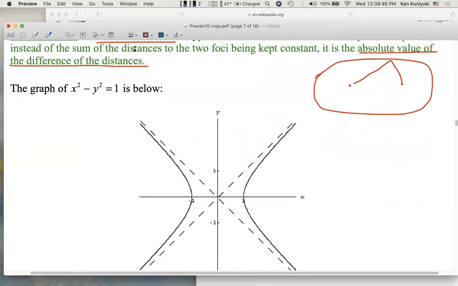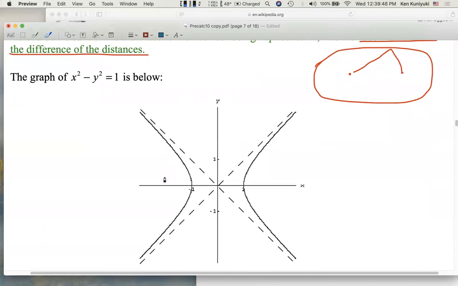So for example, let's say that we have two foci, over here and over here. The two foci are sort of eaten by the two branches. Now let's consider a point on this right branch of the hyperbola. Consider the distance from this point to this focus, and also the distance from this point to the further focus over here.